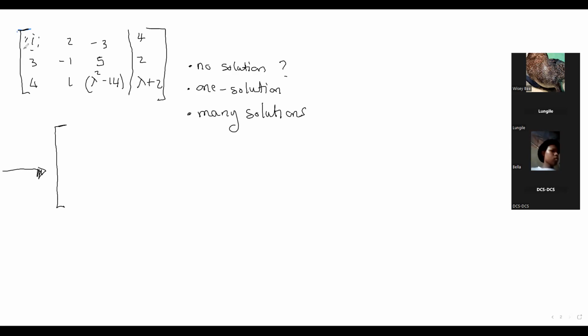The best way is to multiply the 1 by -3. So I will say -3 times row 1 plus row 2 will give me row 2. And the same here, -4 times row 1 plus row 3 will give me row 3.